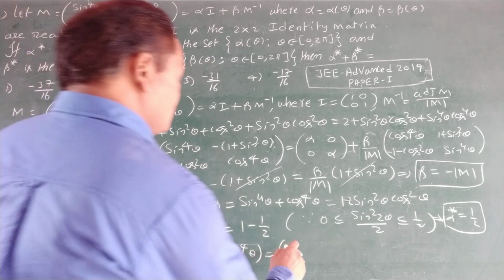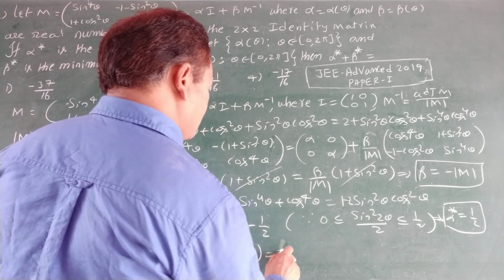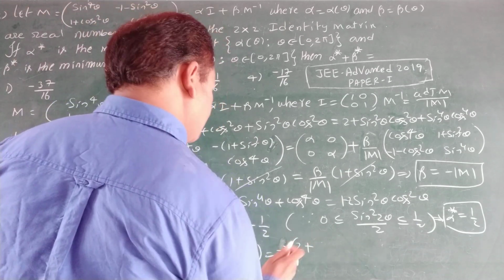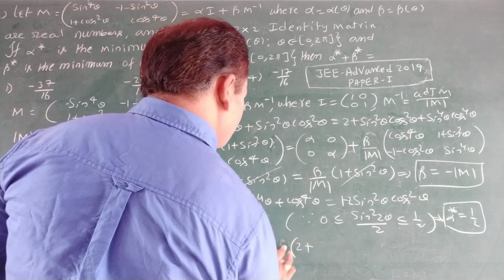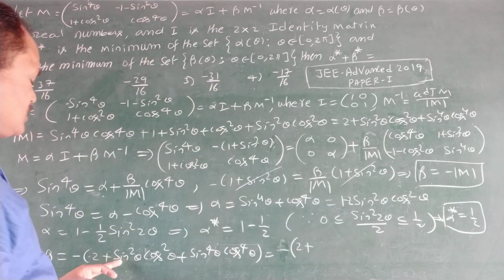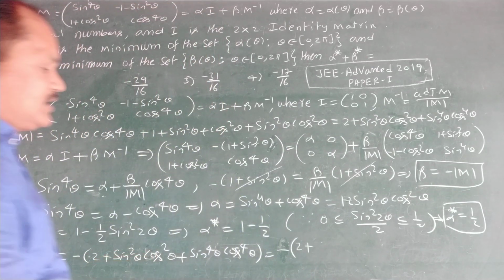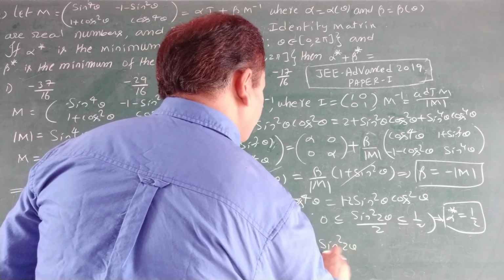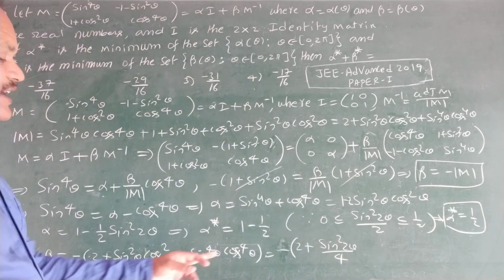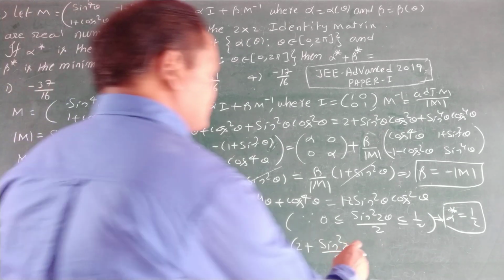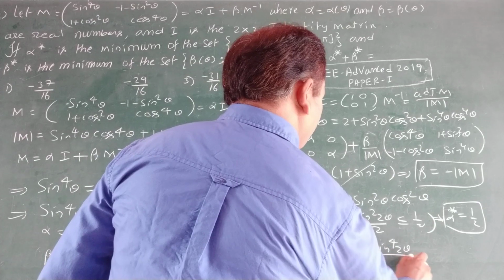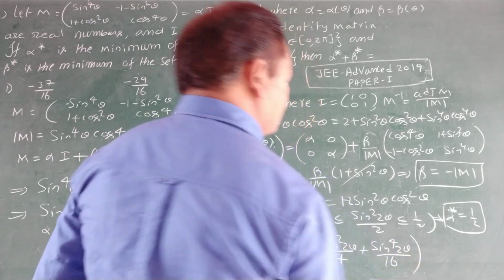Here it is minus of 2 plus sin² θ cos² θ, which is nothing but sin² 2θ by 4, plus sin^4 θ cos^4 θ, which is nothing but sin^4 2θ by 16. That's all.